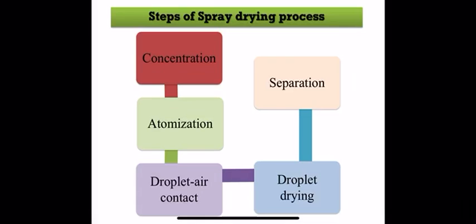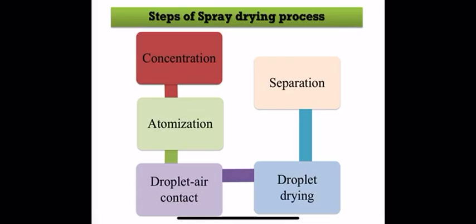Then droplet-air contact. When the atomizer sprays the fluid into the drying chamber, it turns it into fine droplets, and the hot air is also moved into the system. When the hot air and the droplet come in contact with each other, evaporation, or drying, will take place.